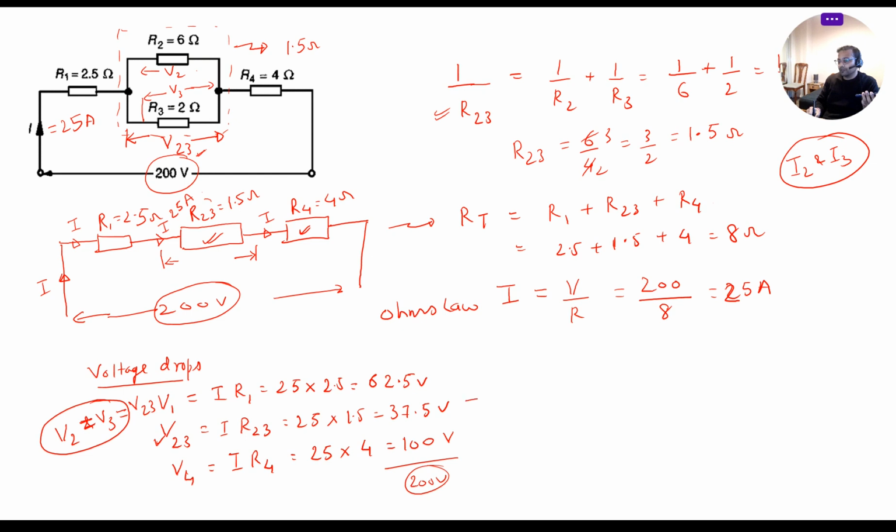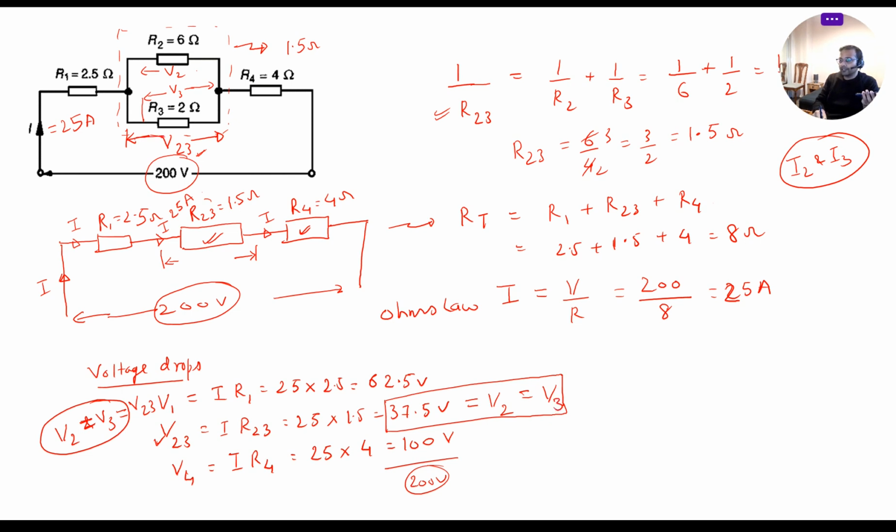So V23, that is 37.5, will be the voltage drop across R2 and the voltage drop across R3, because in parallel connected resistors, the voltage is the same.